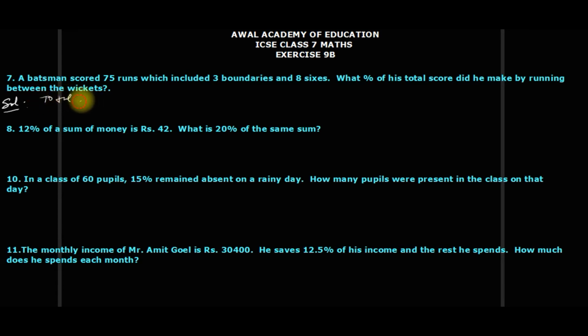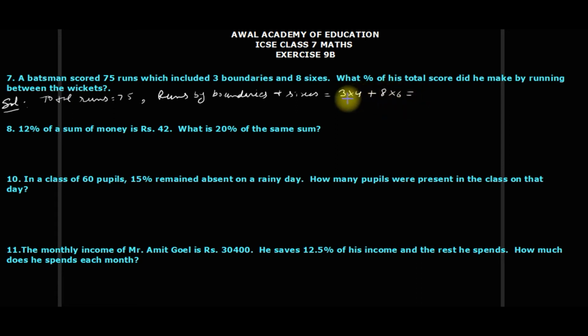Total runs equal to 75, and runs with boundaries and sixes. How many boundaries did he make? 3. 4 for a boundary plus sixes, 8 sixes, 8 into 6.